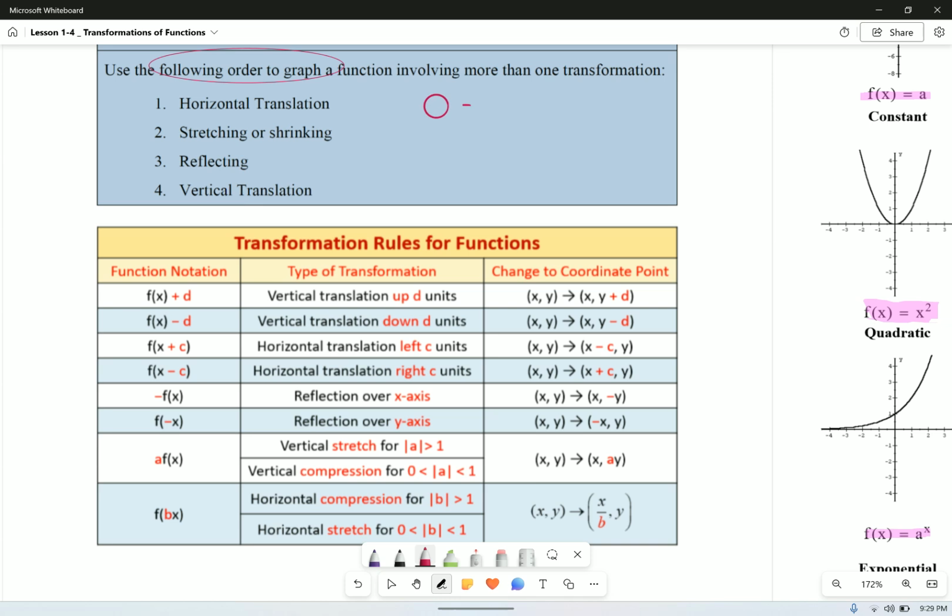So let's write this down. Order matters. So you have to go through this list asking yourself, looking at the function, does it have horizontal evidence? Does it have shrink or stretch? Does it have a reflection? You need to stick to that order.